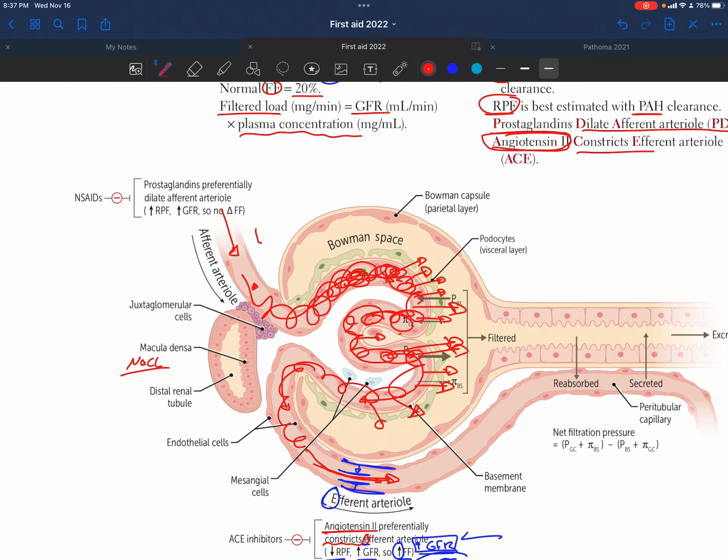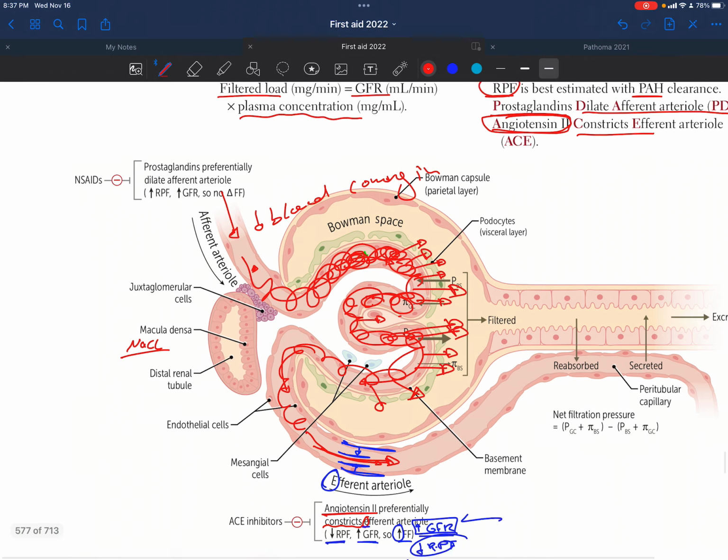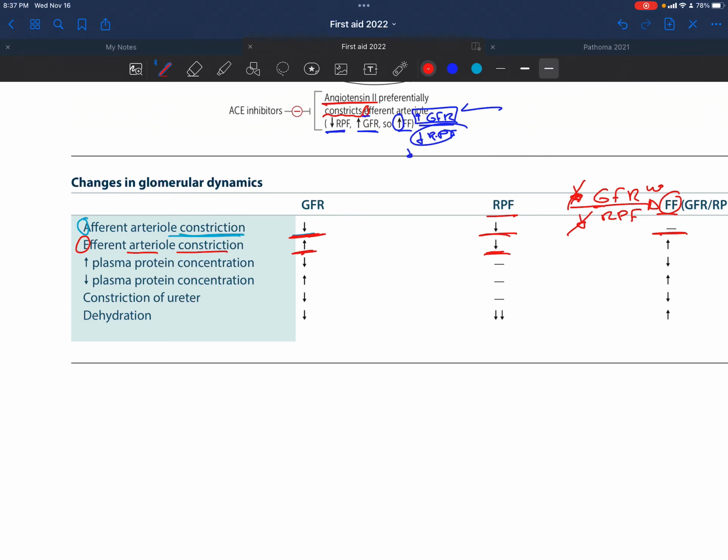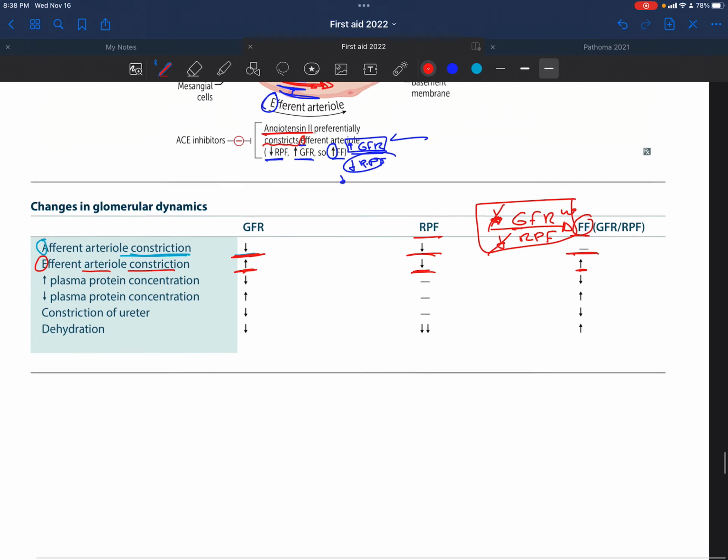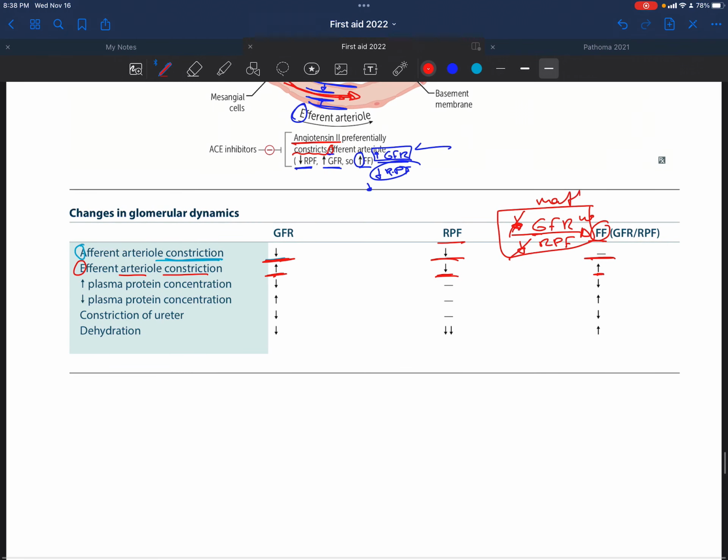So we have less blood coming in. That's the decreased renal plasma flow, and according to this equation, the filtration fraction is going to be increased. This is just math.